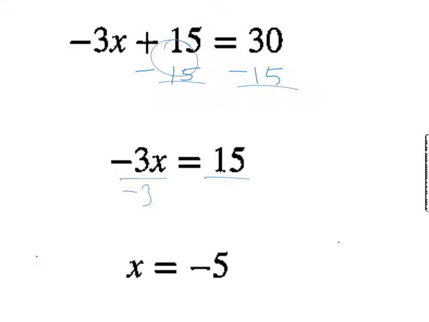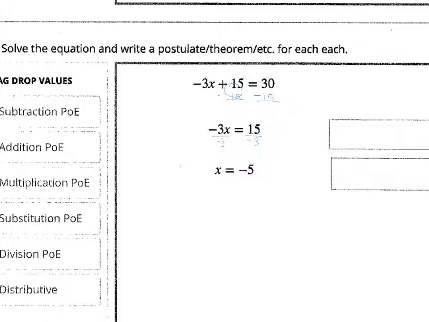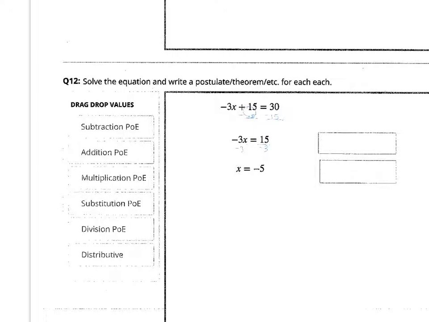Just like solving equations that you guys have done 1,000 times. So there you go, there's your steps. Drag and drop. What's the reason behind each step when they solve?